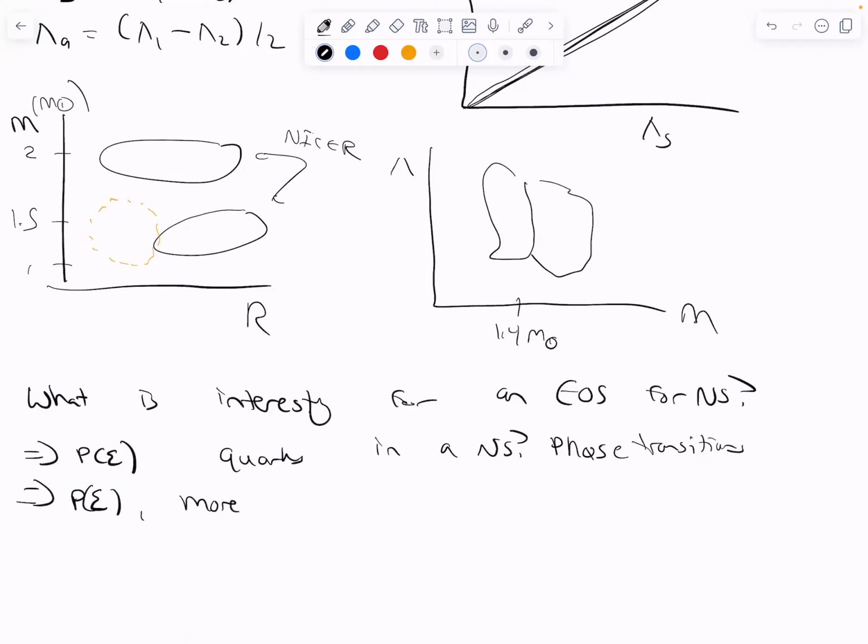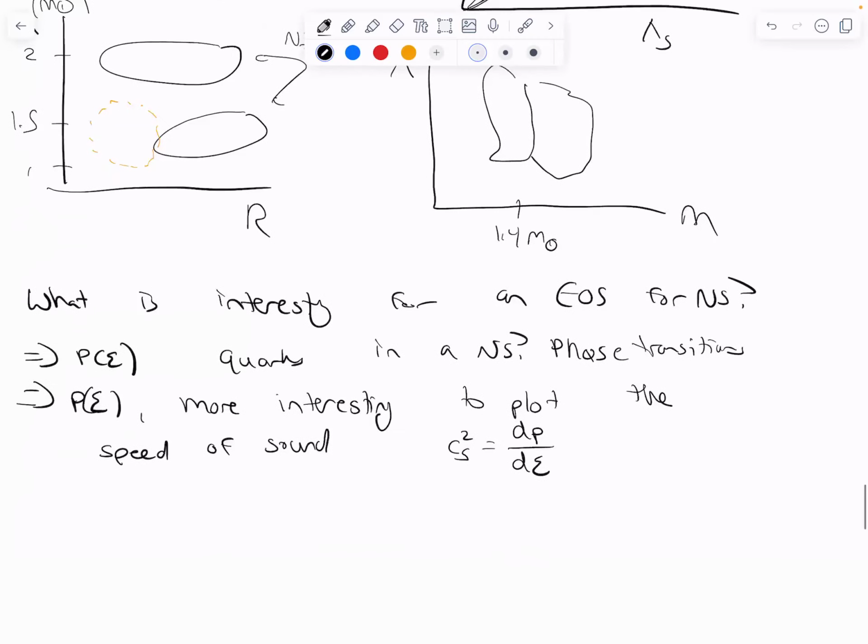It's more interesting to plot what's called the speed of sound. So c_s squared is dP/dE. So you're essentially just taking a derivative of your equation of state.